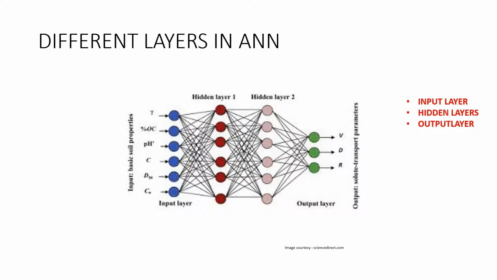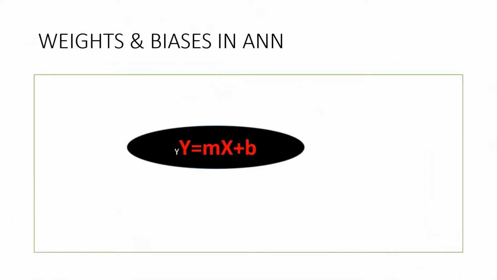Next we will discuss the weights and biases, commonly referred to as W and B. See, weights and biases are the learnable parameters of a machine learning model. Neurons are the basic units of a neural network.